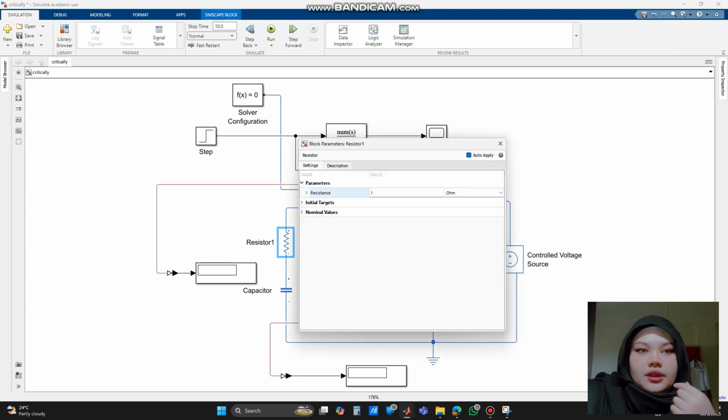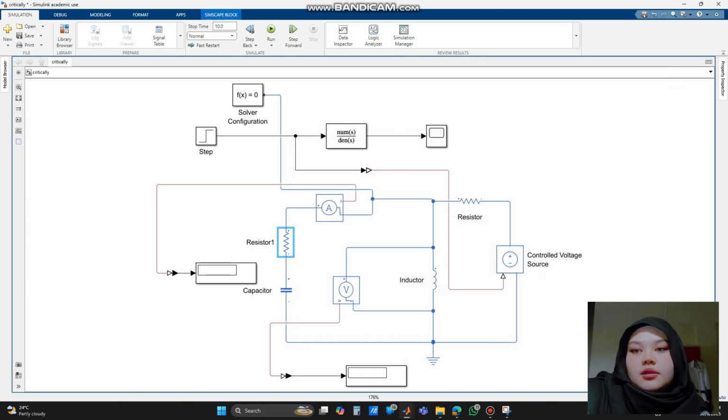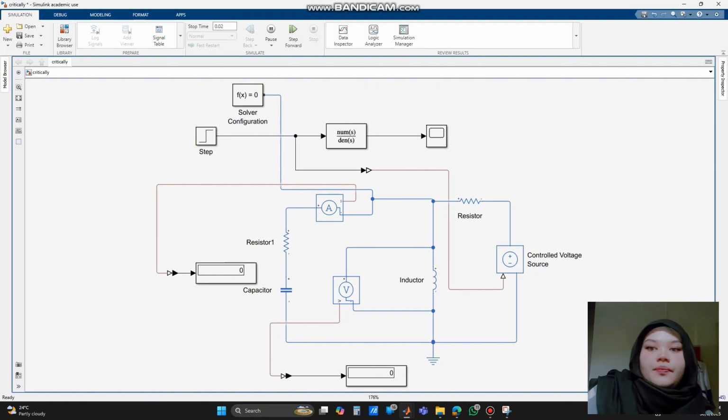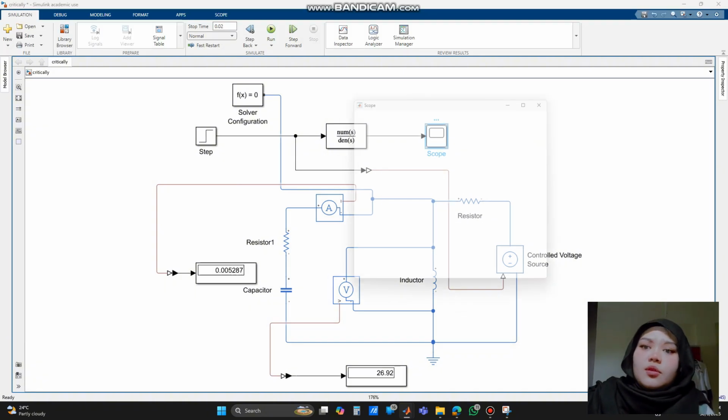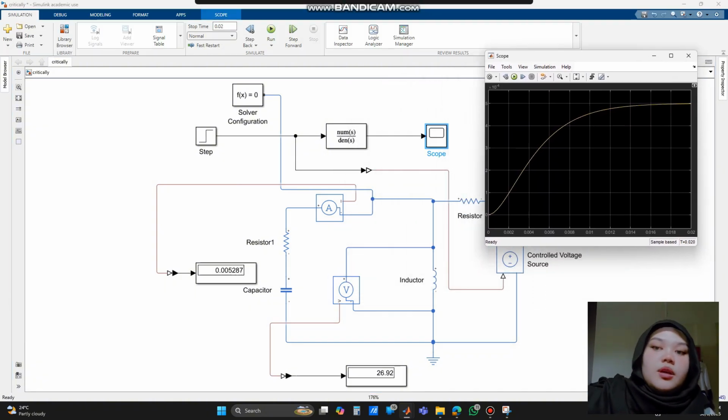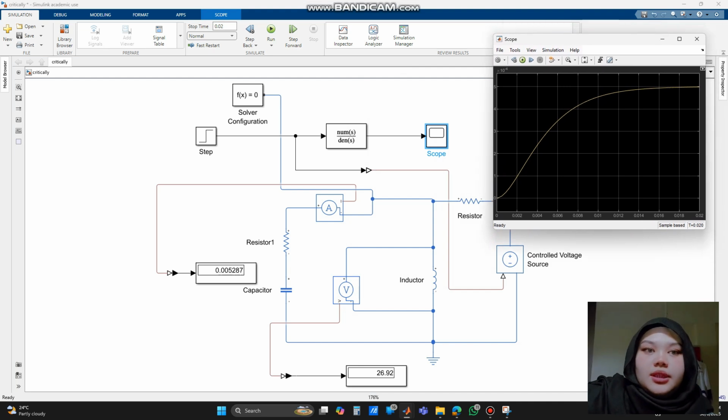Okay, next is critically damped. After overdamped, we just change the resistor value, while the capacitor and inductor follow the same values as in the equation, and we change the stop time to see the critically damped waveform. The resistor value is set to 400 ohms to achieve the critically damped condition.